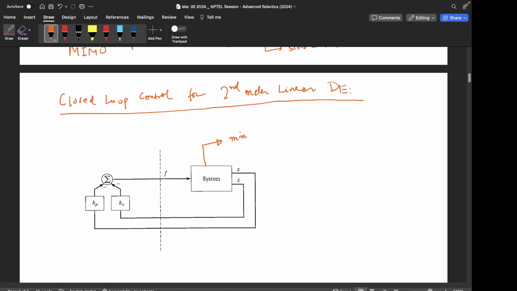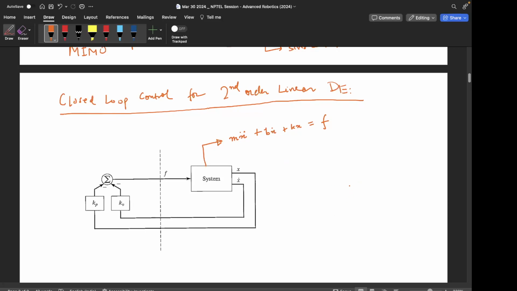So m x double dot plus b x dot plus k x equals the external force, the forcing or the control input F, right?